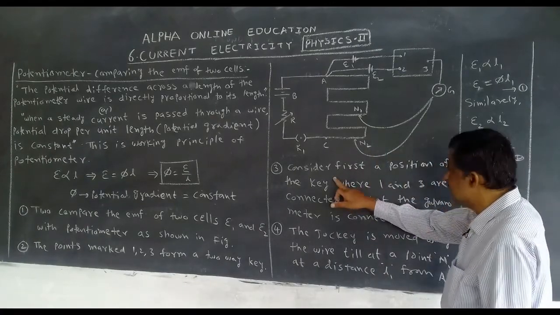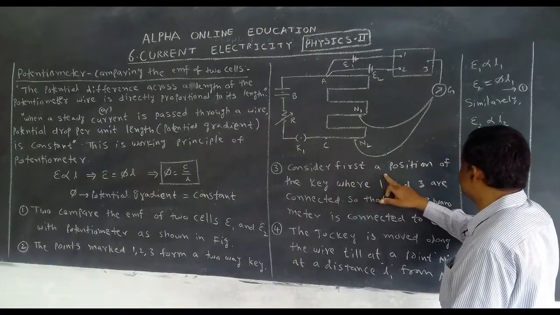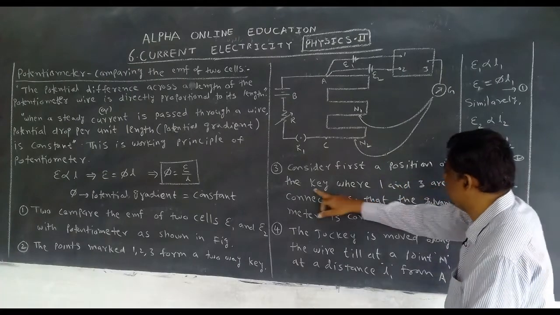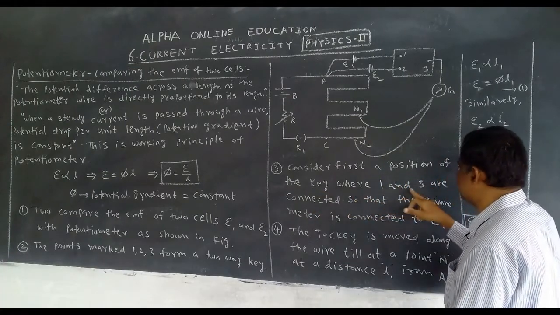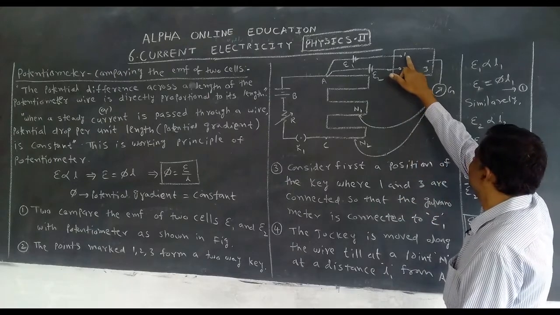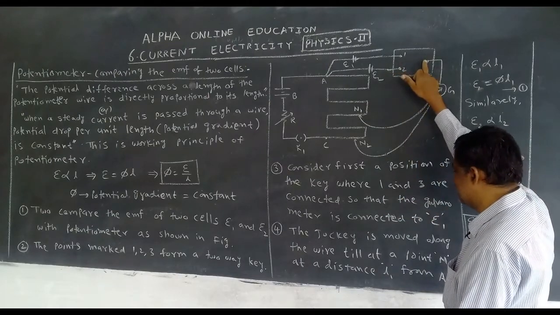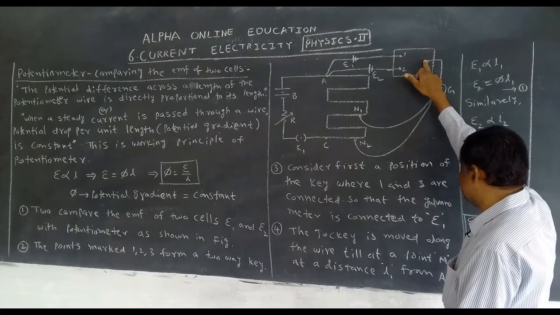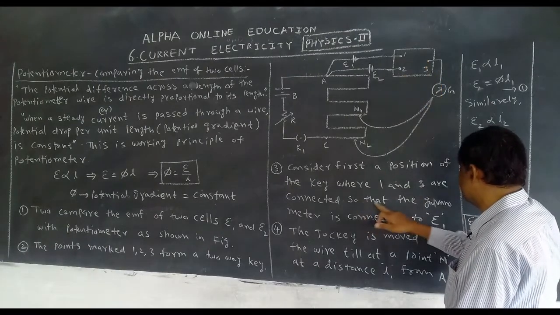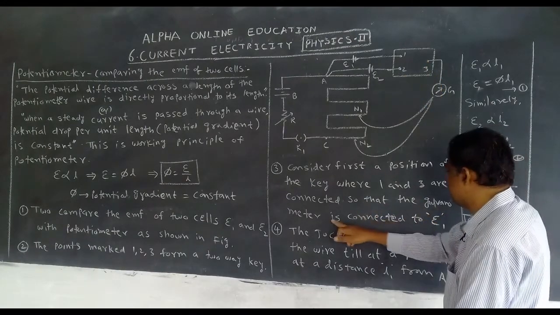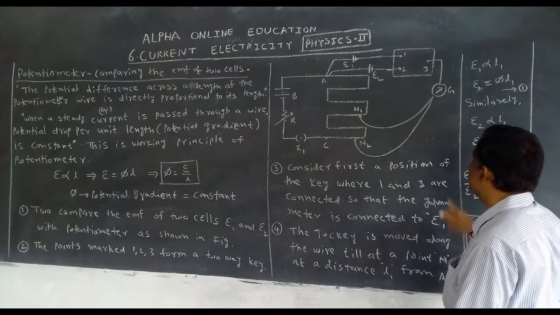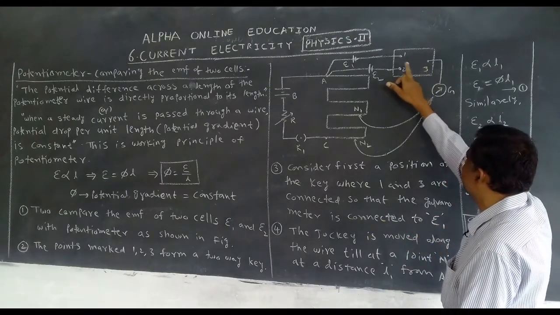Now, consider first a position of the key where 1 and 3 are connected, so that the galvanometer is connected to E1.